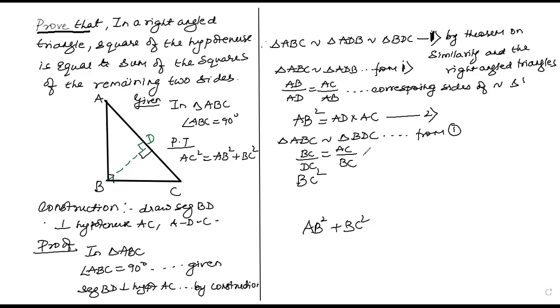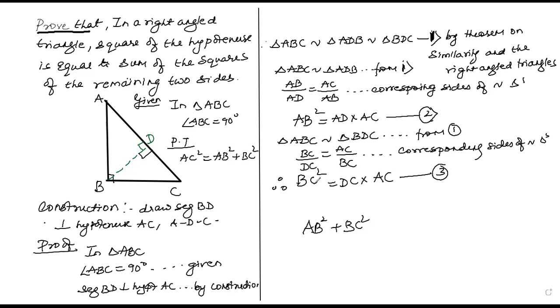Again, children, corresponding sides of similar triangles. Cross multiply: BC square equals DC into AC. This is my statement number 3, and the earlier one was statement number 2.